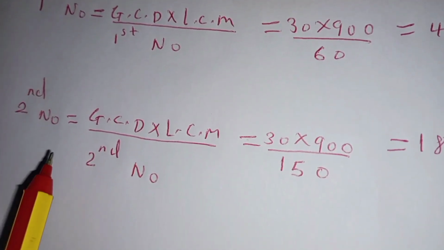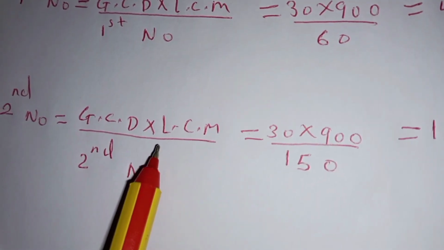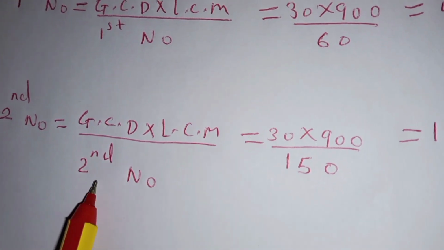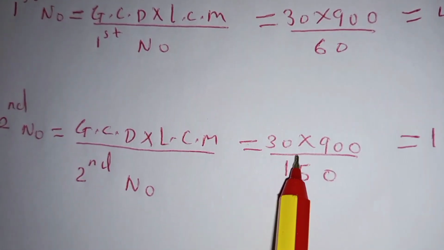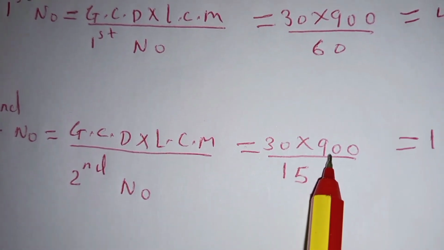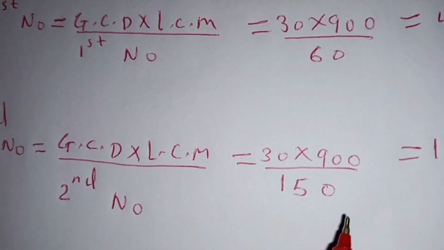Now, to obtain the other possible number, it is GCD multiplied by LCM divided by the second number. Our GCD is 30 and our LCM is 900 divided by our second number. Our second number which we are given here is 150.